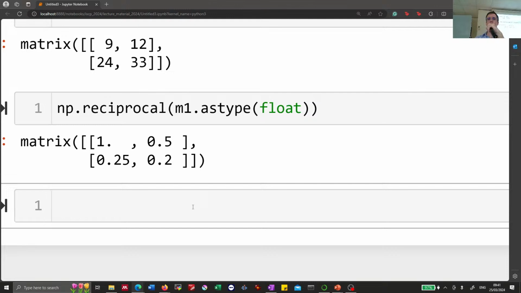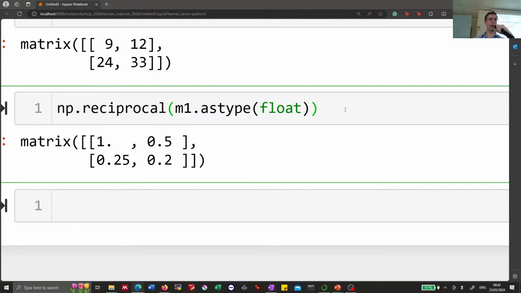Our actual question basically was, to show that this is not the inverse of a matrix. So when I multiply this now from the left or the right with M1, if it's the inverse, right, I would get the diagonal with ones, but it's not.